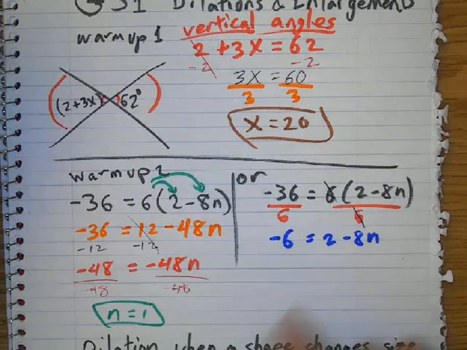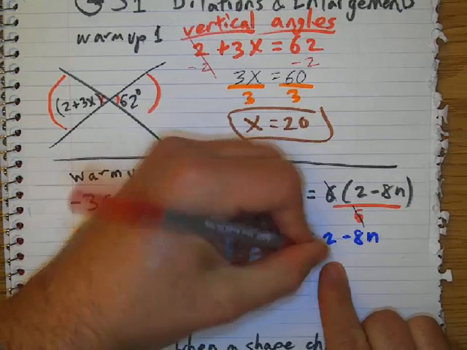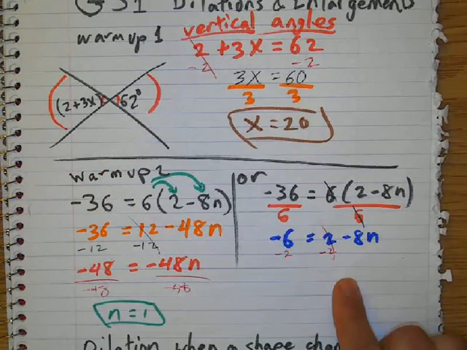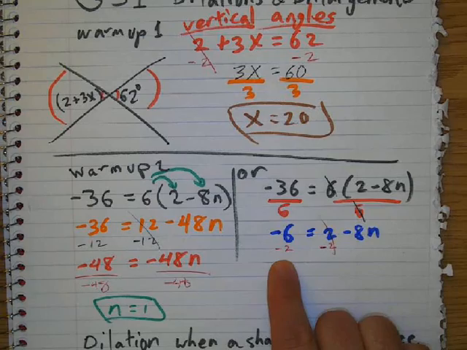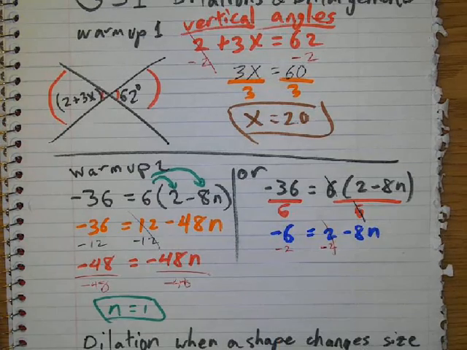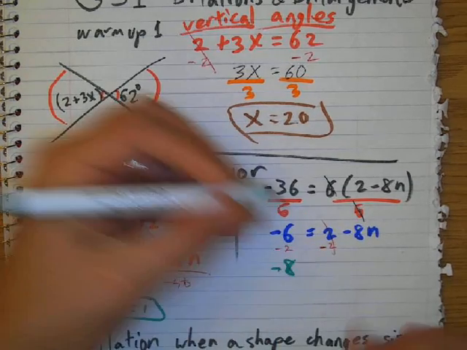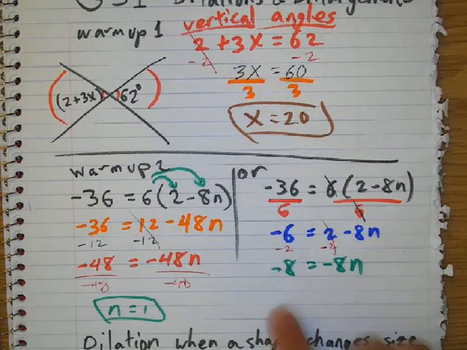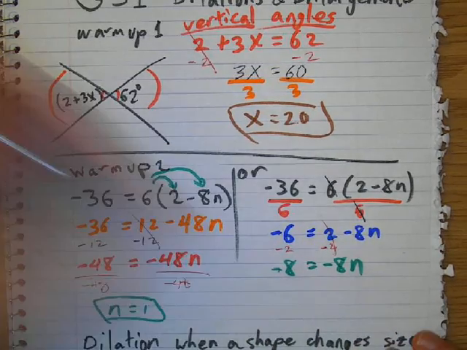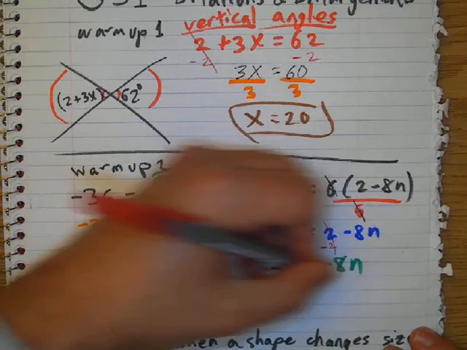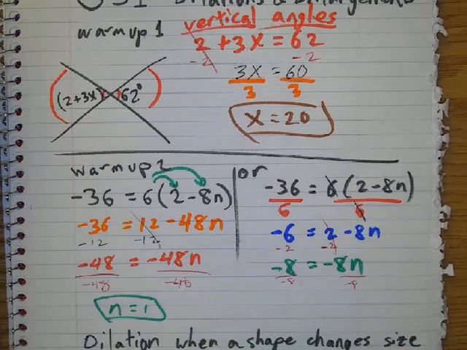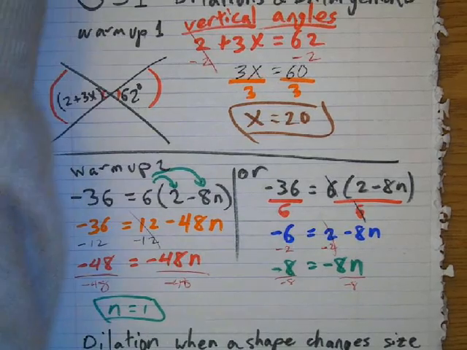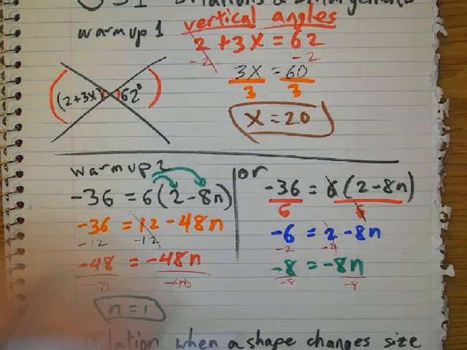And then I could say, okay, let's subtract 2 on both sides to make that go away. And then negative 6 minus 2 gives me negative 8 equals negative 8n. And then if we divide both sides by negative 8, then we end up with n equals 1 also.